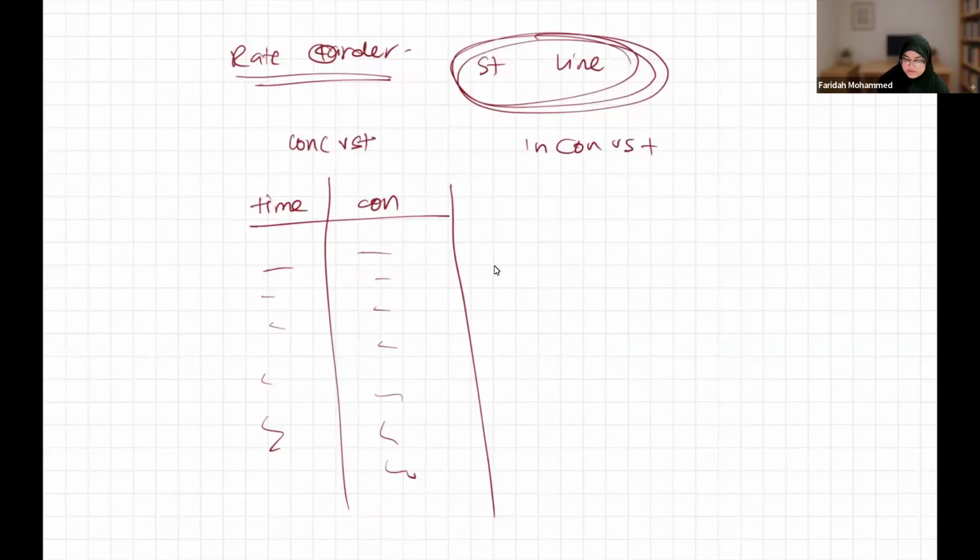And next is 1 over concentration versus time. And you can check using your calculator which one is the straight line. Figure out how to use your calculator to figure out a straight line graph.